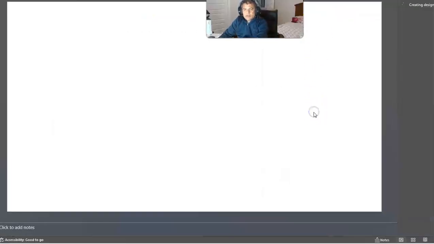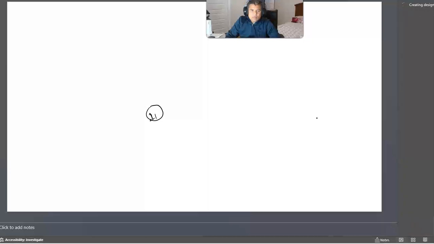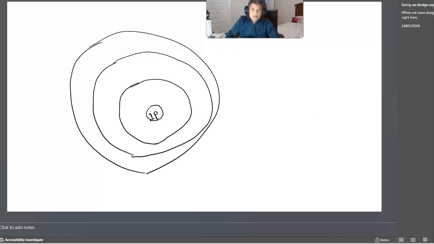This is the nucleus. Hydrogen has one proton, no neutron, right? This is the first shell of the atom, this is the second energy level of the atom, this is the third, like that. And here is one electron, negatively charged.